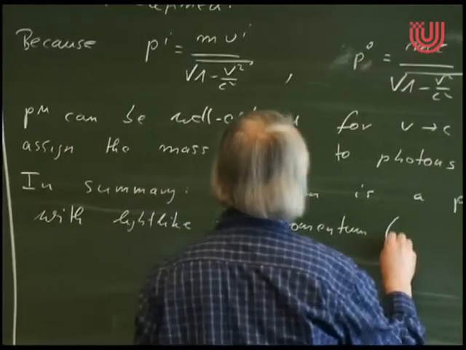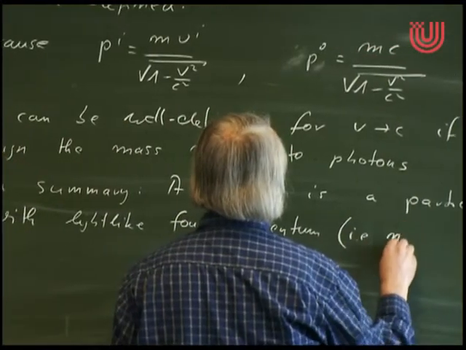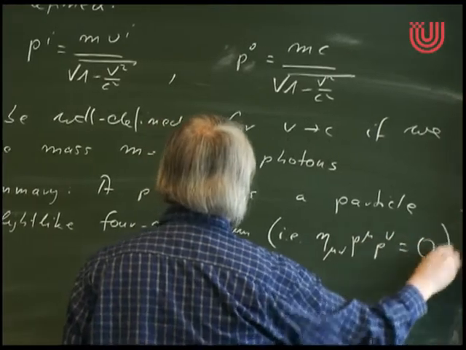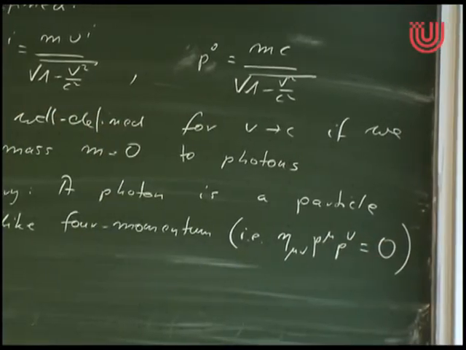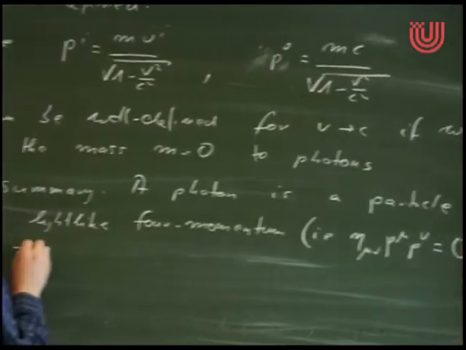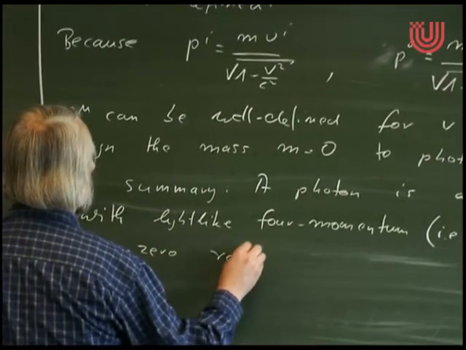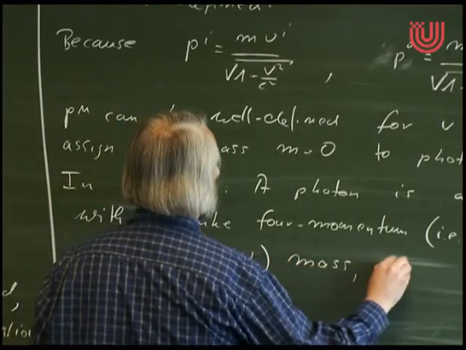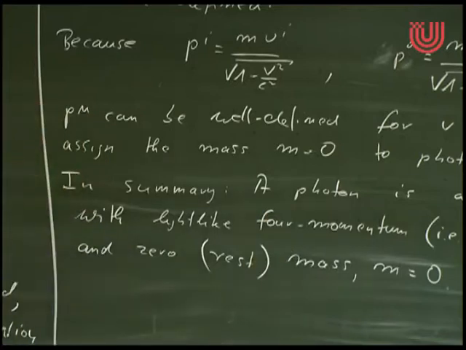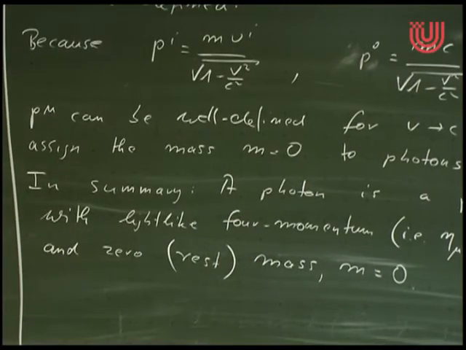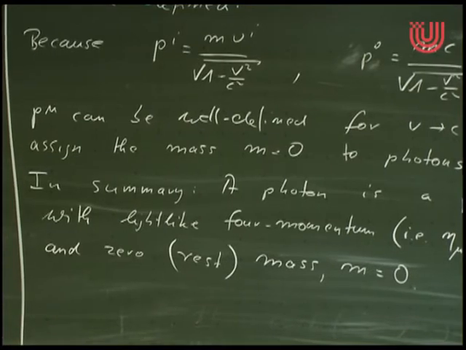And this means that eta_{mu nu} p^mu p^nu is equal to 0, and 0 rest mass. I usually just say mass when I mean the rest mass. M equals 0. Okay, and now we can see what we can do with these things. That's a formal definition of a photon.